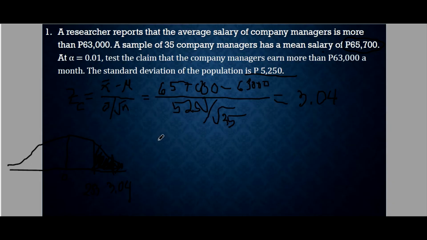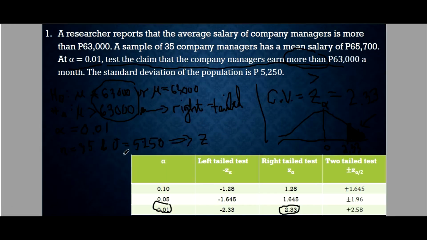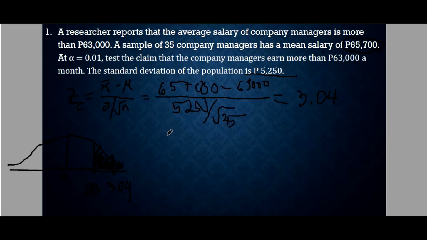Now, what will be our decision? After comparing the z computed and the critical value, the next step is to make a decision. The decision is either to reject or to accept H0. By just looking at this area here, our z computed falls within, no?